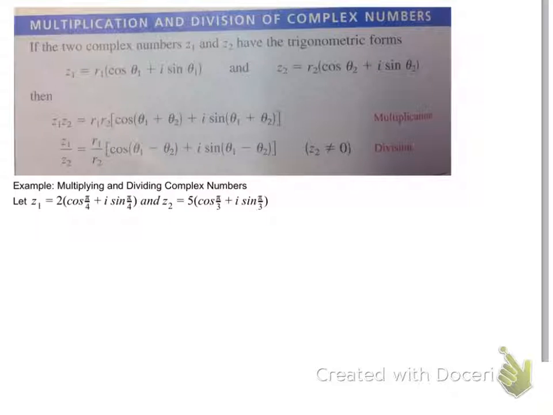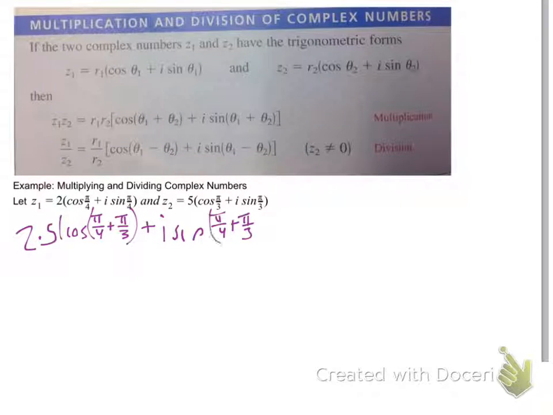So z1 times z2 would be 2 times 2, the cosine of pi over 4 plus pi over 3 plus i, oh sorry, that was a 5. 2 times 5, right? Okay. i sine of the same exact thing, pi over 4 plus pi over 3.